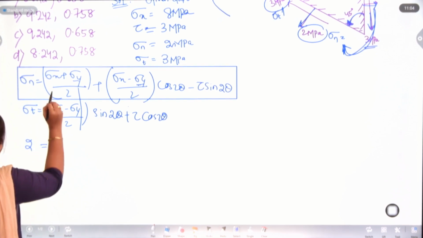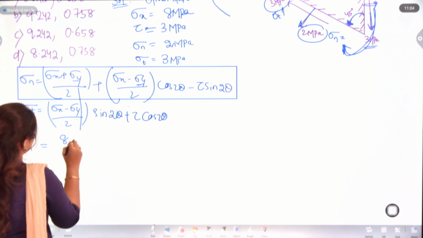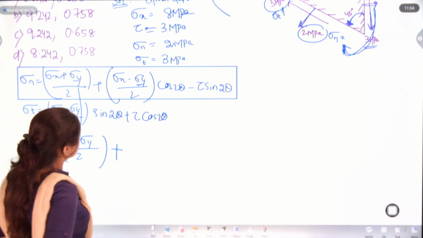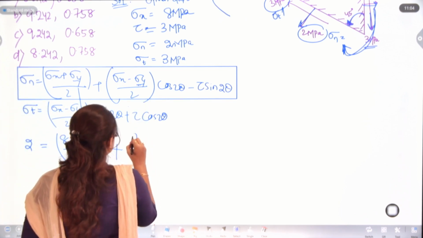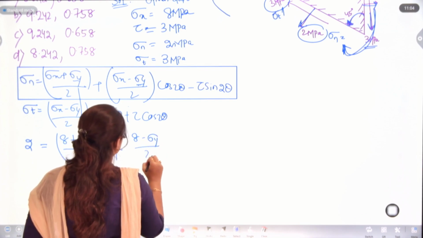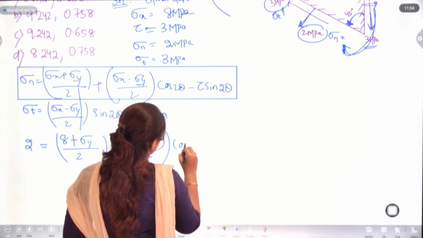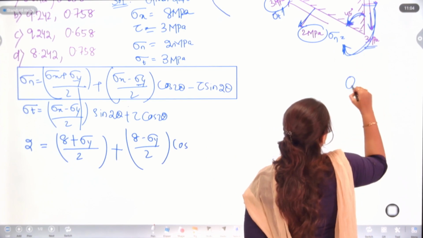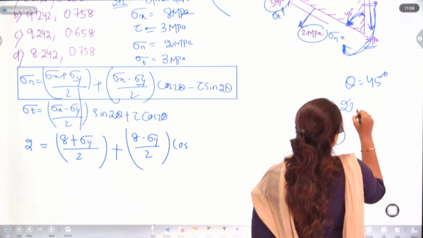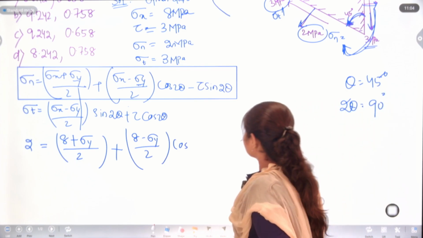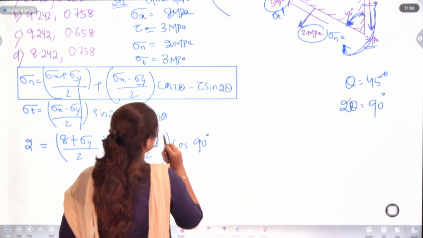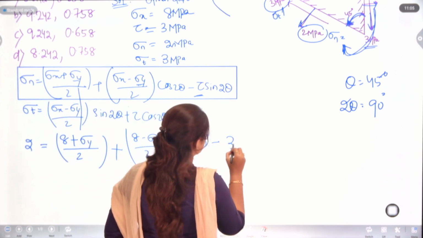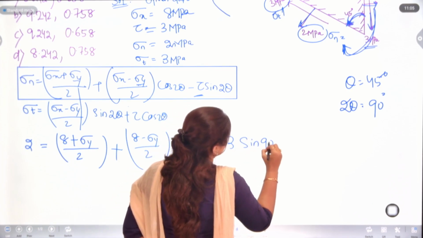We can write 2 is equal to sigma x, that is 8, plus sigma y upon 2, plus sigma x, that is 8, minus sigma y upon 2 into cos 2 theta. We know here theta is 45 degree, so 2 theta will be 90 degree, into cos 90 degree, minus tau value, that is 3, into sin 90.